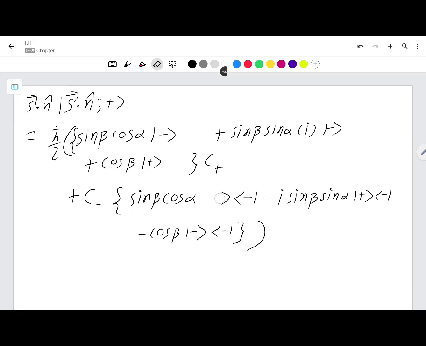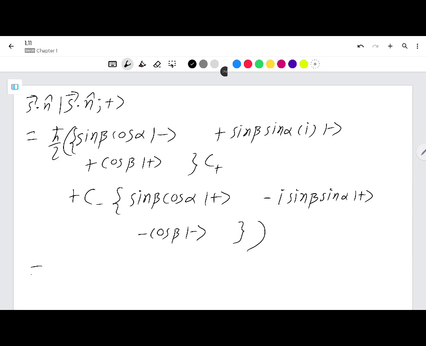Here the plus term will survive, and the minus term will survive.